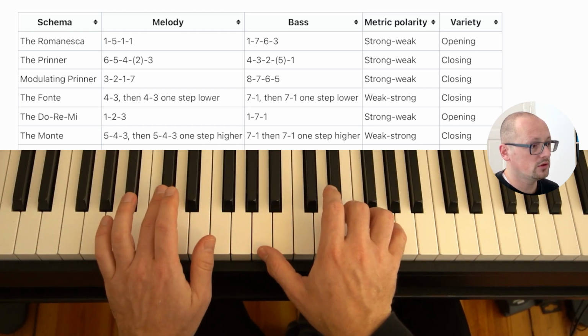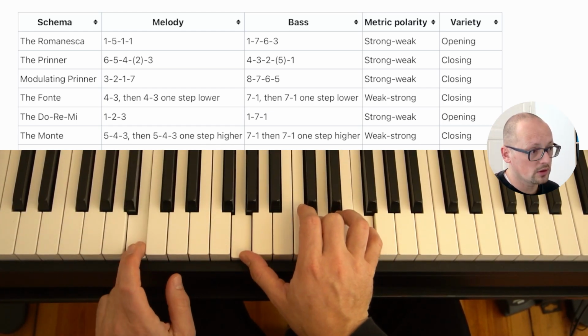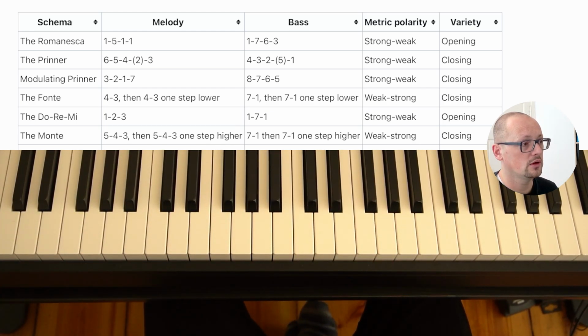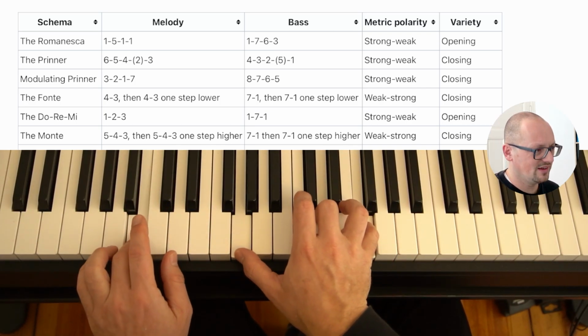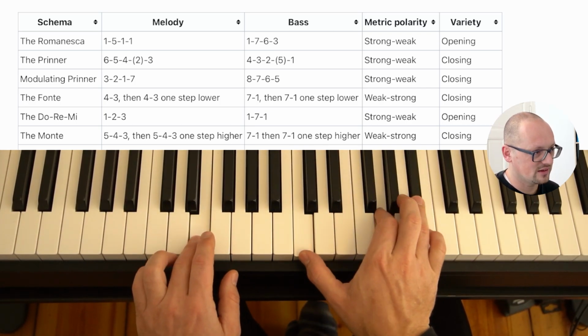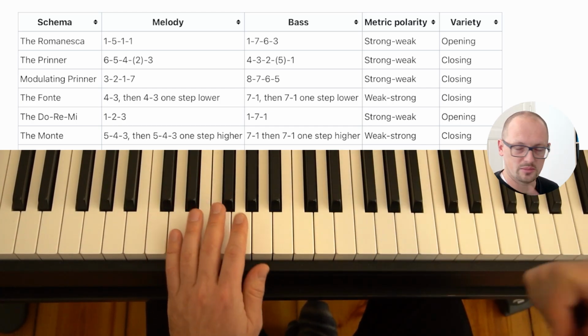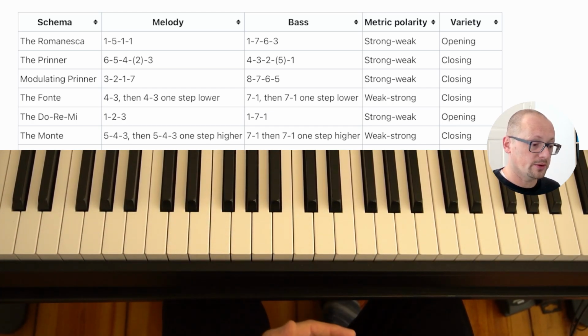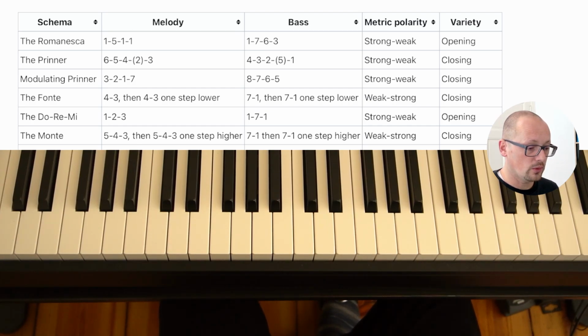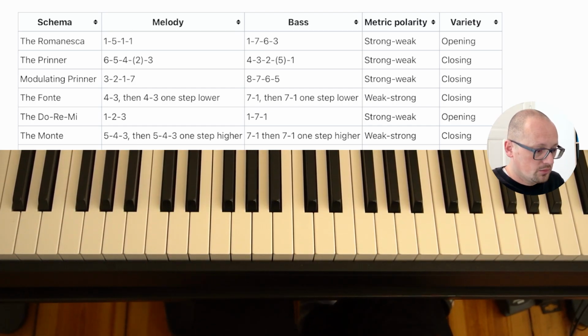And Monte would be going down. This is Fonte, and this was Monte. So going up, yeah. And how to connect it now with, for example, Do Re Mi, Prinner, and Monte.